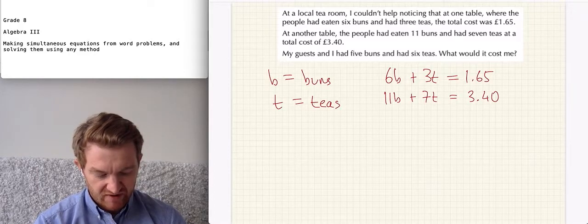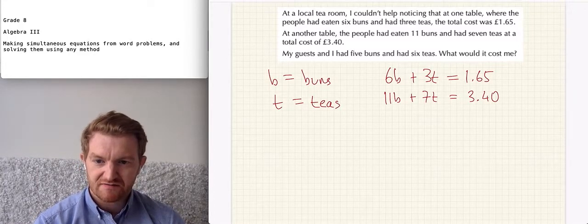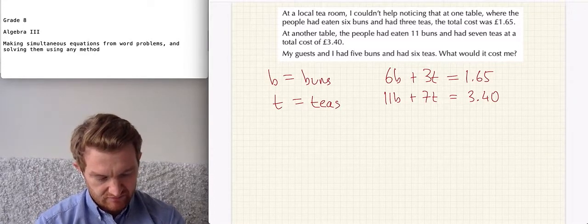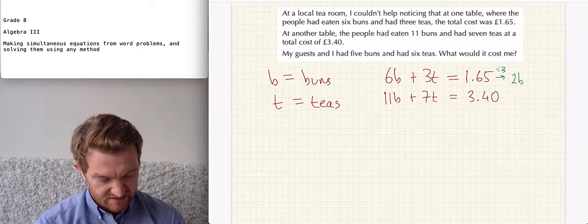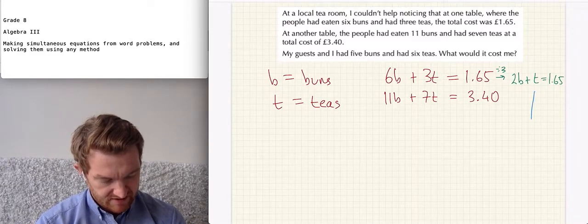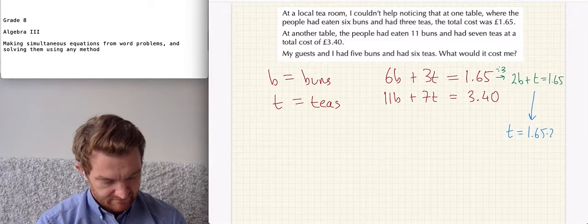When I look at this, I'd probably think the first equation has all factors of 3. So I would rearrange this first one by dividing it by 3 to get 2b plus t is 1.65. Then I'd rearrange that to make t the subject. Then I would put that into here.